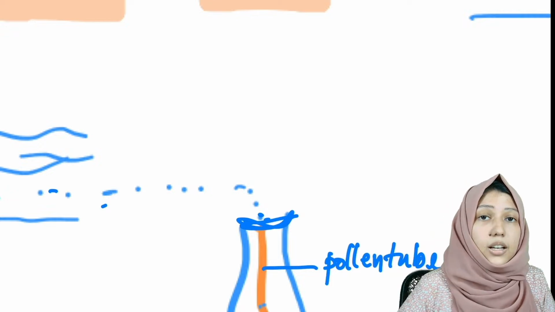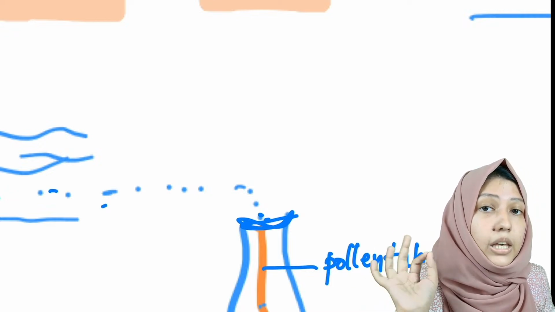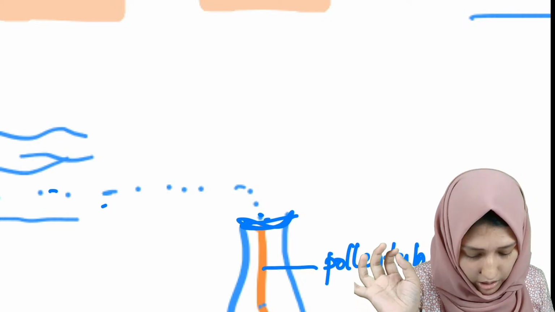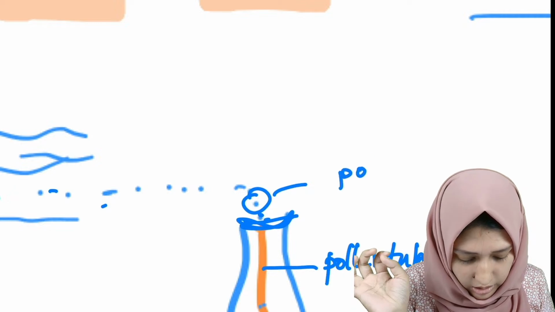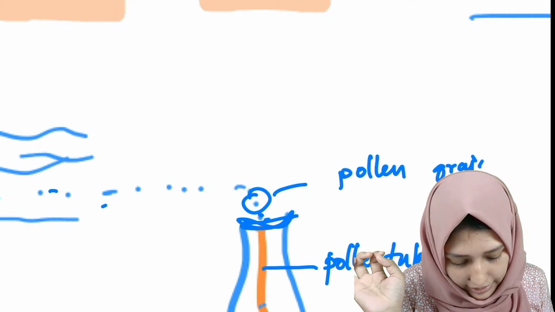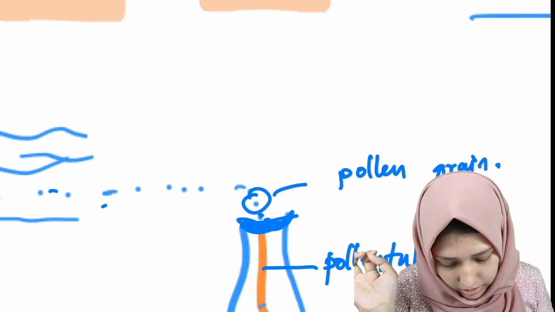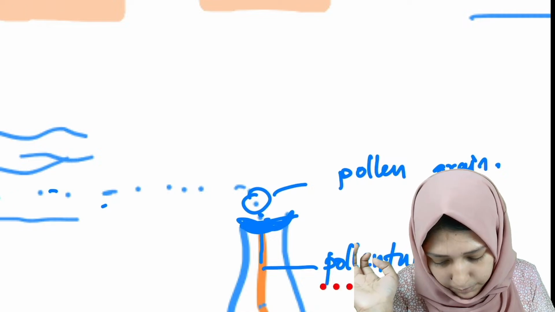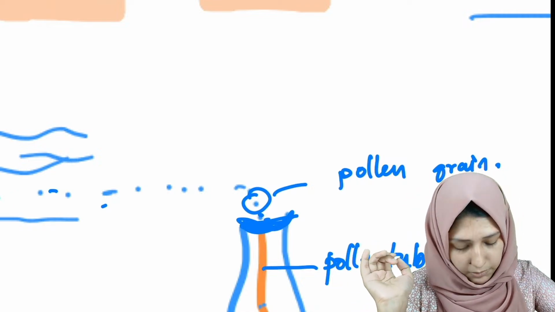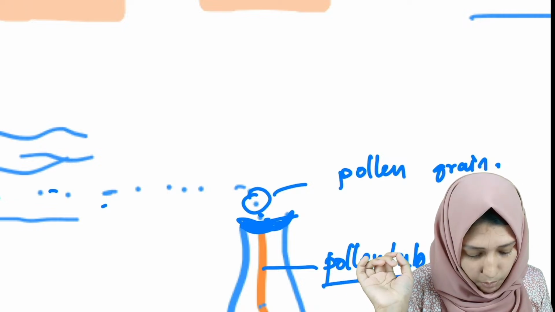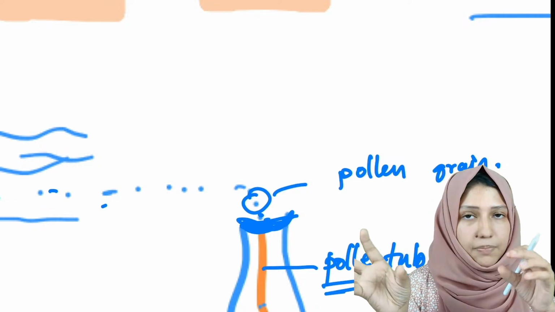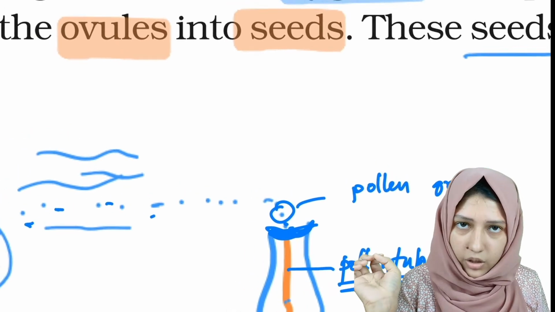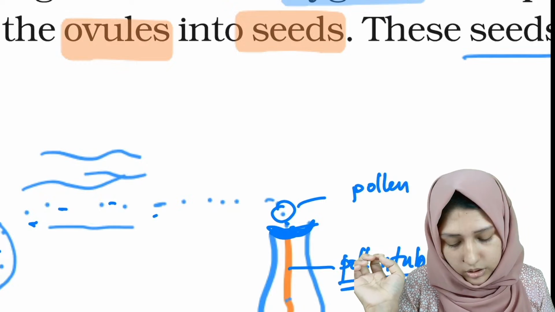Let me remind you, the name of the male gametophyte is pollen grain. This pollen grain gets adhered to the mouth of the archegonium and develops a tube, known as the pollen tube, and inside they release the structure, and fusion of pollen grain and egg happens. That leads to zygote formation.